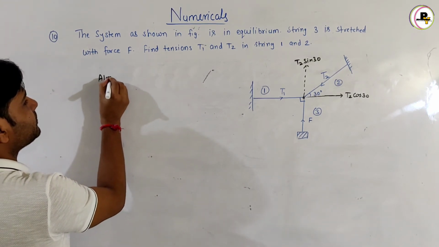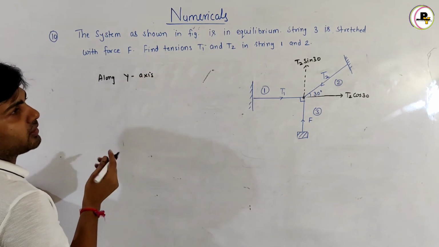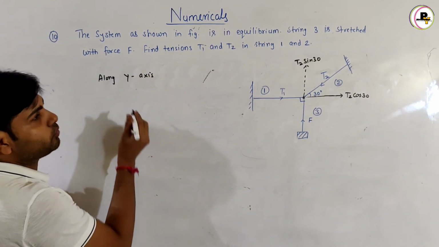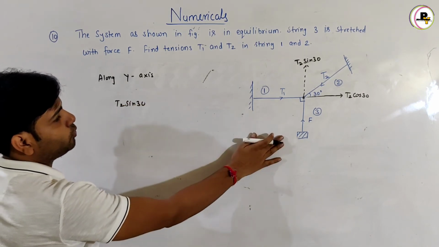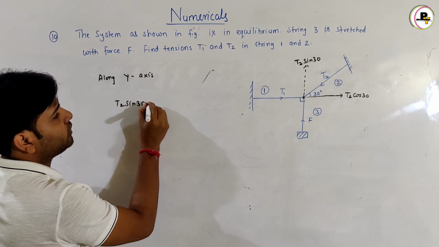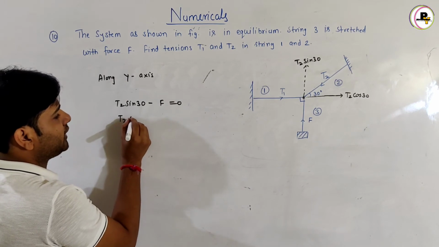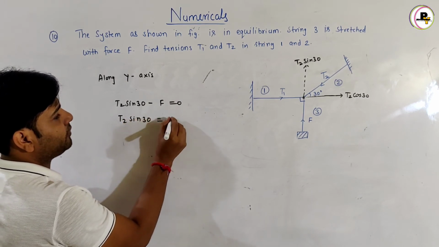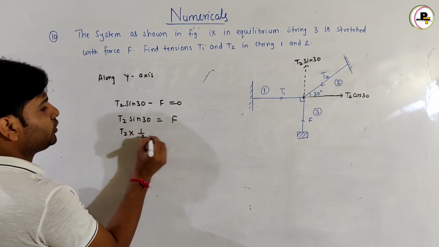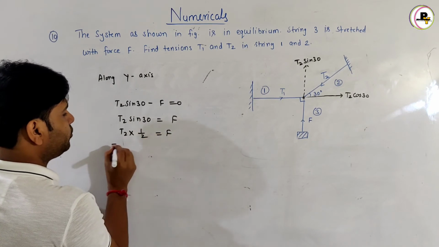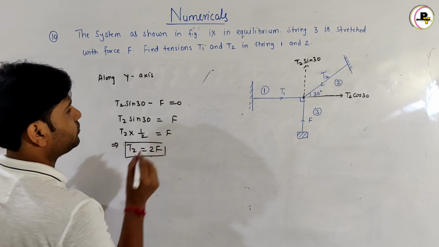Along y-axis, the sum of all forces is equal to 0, that is T2 sine 30, and this force F can be taken in opposite direction, so minus F is equal to 0, therefore T2 sine 30 is equal to F. So T2 into sine 30, which is 1 by 2, is equal to F, therefore T2 is equal to 2F. This is the value of T2.